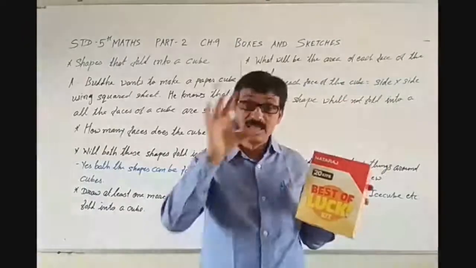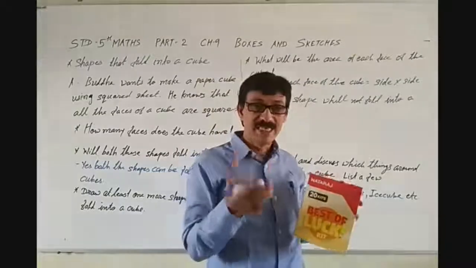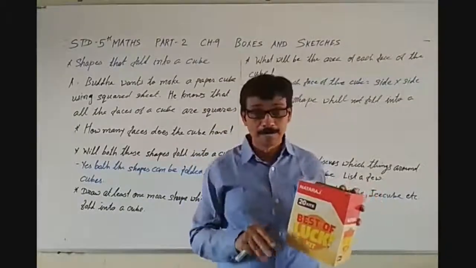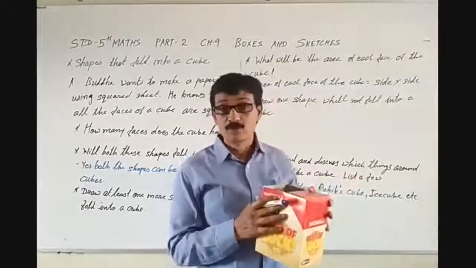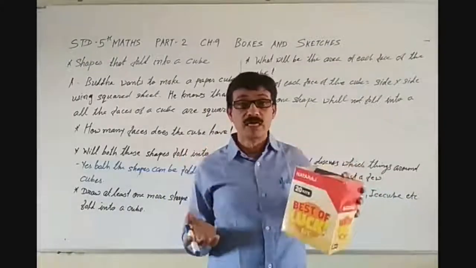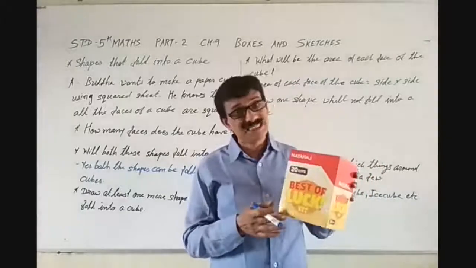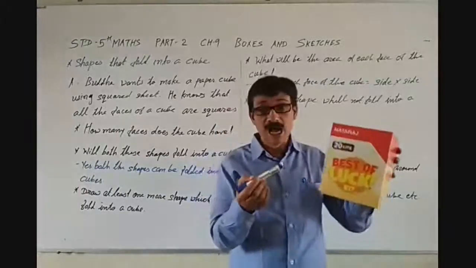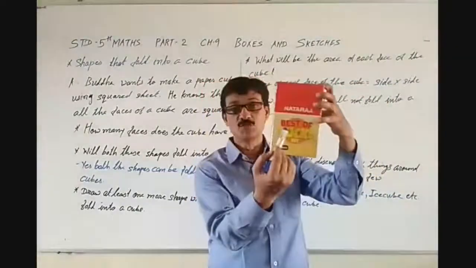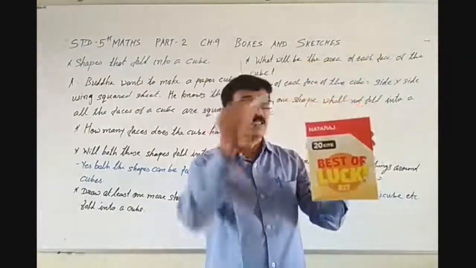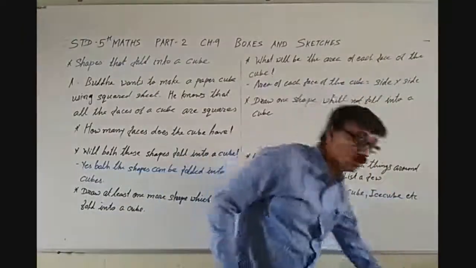That means all the faces are squares. That is, we can say it is a cube. Now how many faces does the cube have? Whether it is a cube or cuboid, the faces are the same. 1, 2, this is 3, this is 4, this is 5, and this is 6. So a total of 6 faces are there in the cube.